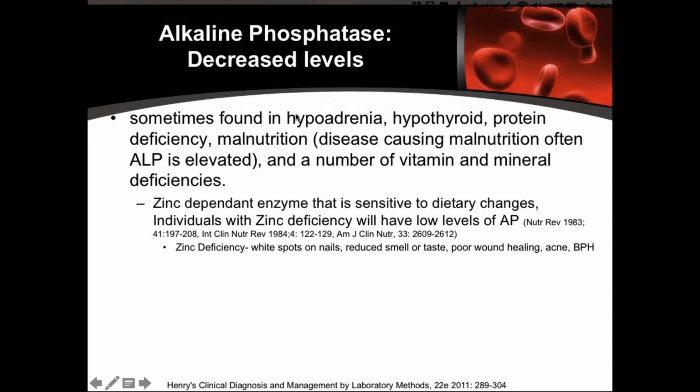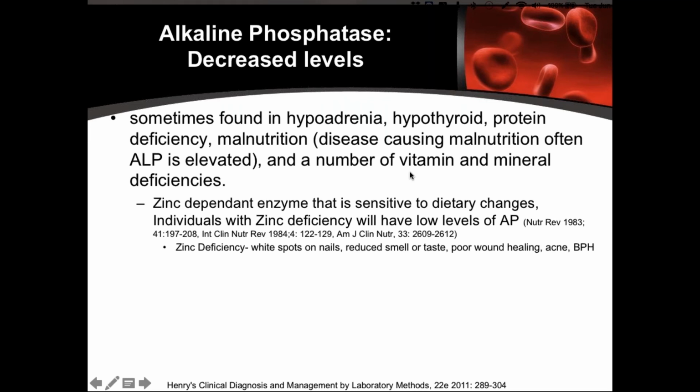Why would one have alkaline phosphatase decreased, right? It could be related to malnutrition, protein deficiency, and vitamin and mineral deficiencies. Okay, a lot of things there. There's lots of differential diagnoses for decreased.